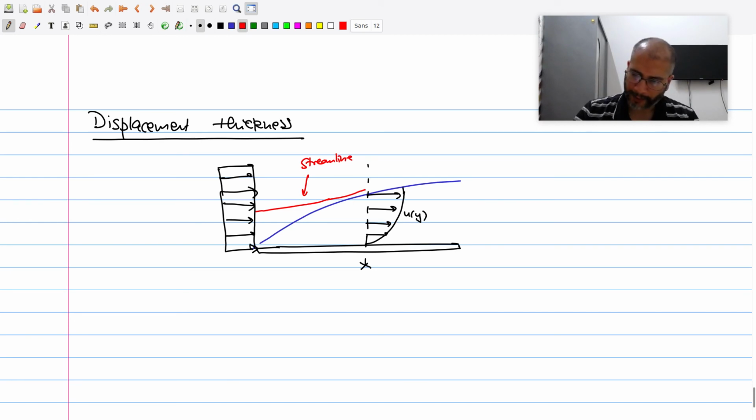Okay, and we said that one of the ways to understand this was the volume flow rate. Because it's a streamline, the volume flow rate has to be the same below this streamline at any distance x.